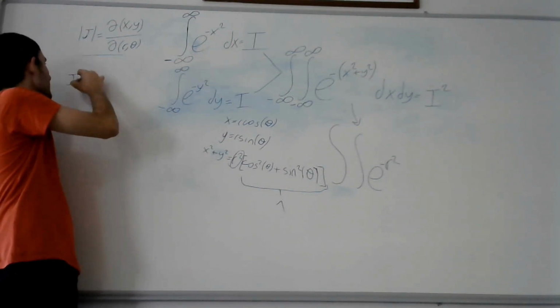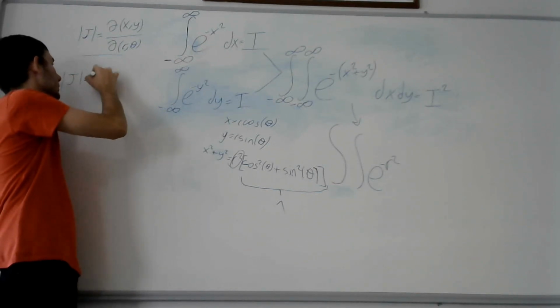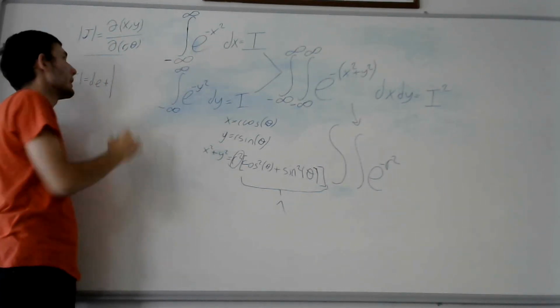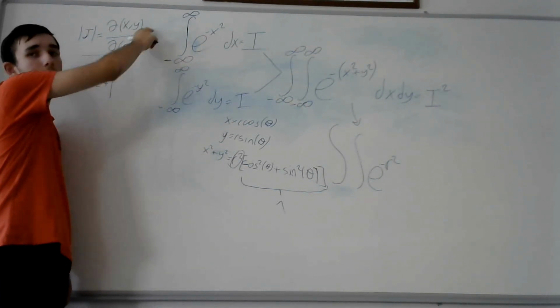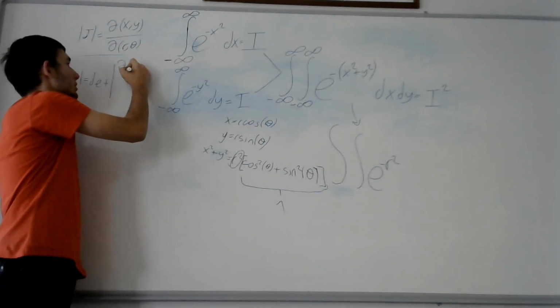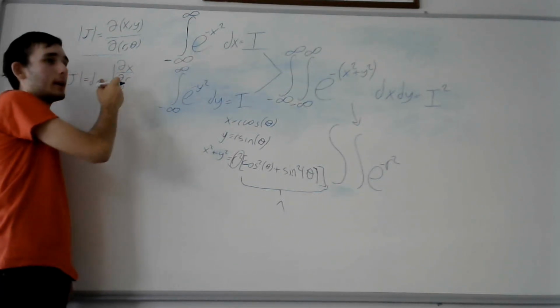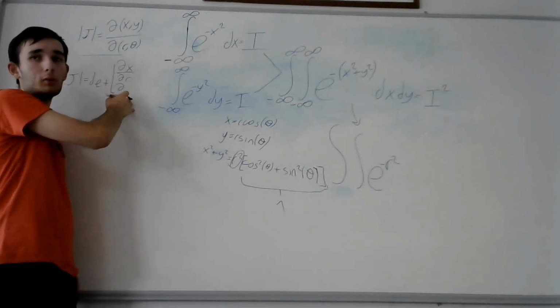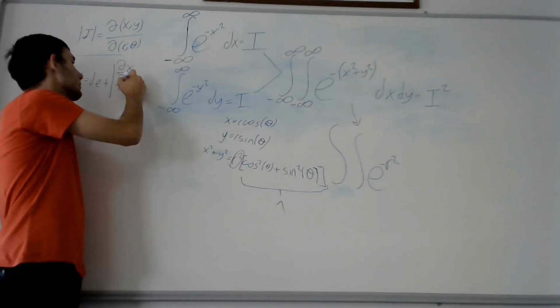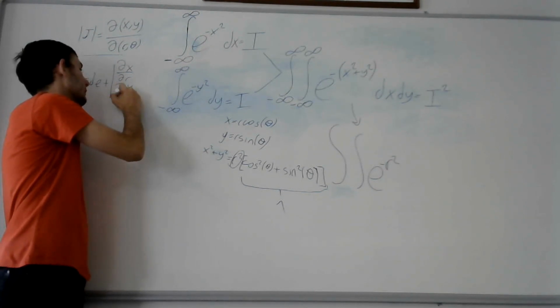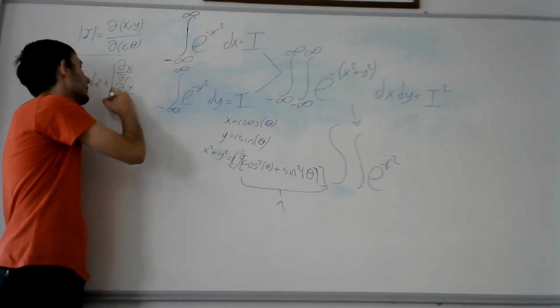So if I open up the Jacobian determinant, in this context, it basically means the partial derivative of x with respect to r, and underneath, in the same column, the partial derivative of y with respect to r.